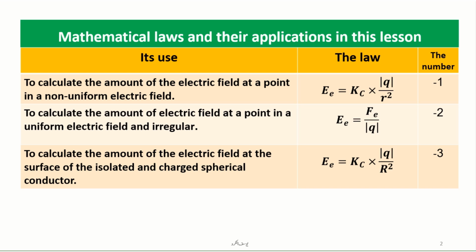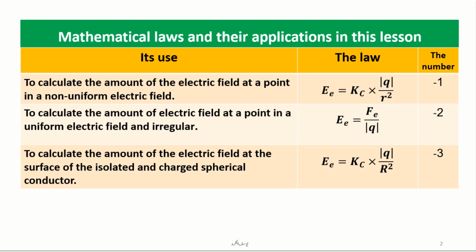There are three very important laws in this lesson. First, the magnitude of the electric field, non-uniform or uniform, in two forms. E equals the Coulomb constant multiplied by the magnitude of Q upon R square, to calculate the amount of electric field at a point in a non-uniform electric field.